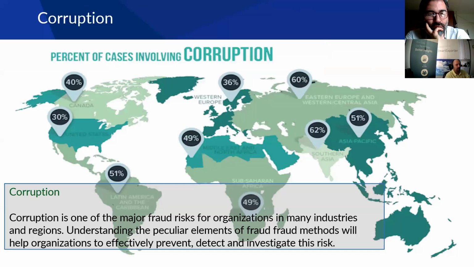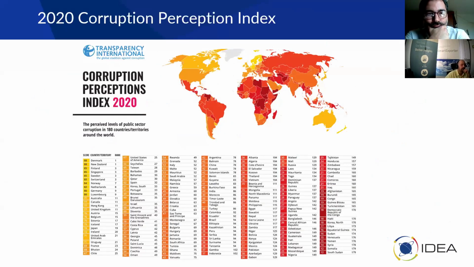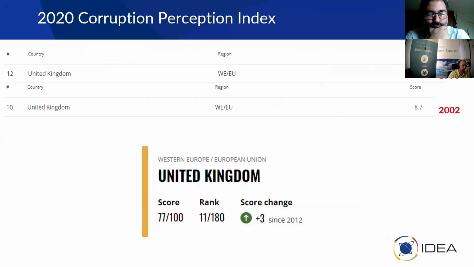When you're talking about corruption, what is corruption? Corruption is unfortunately one of the major fraud risks for an organization. Maybe you remember the Fourth case in Turkey at the beginning of this year? That was actually corruption. When you check the corruption perception index in 2020, this is from the UK side. The corruption index started in 1995.